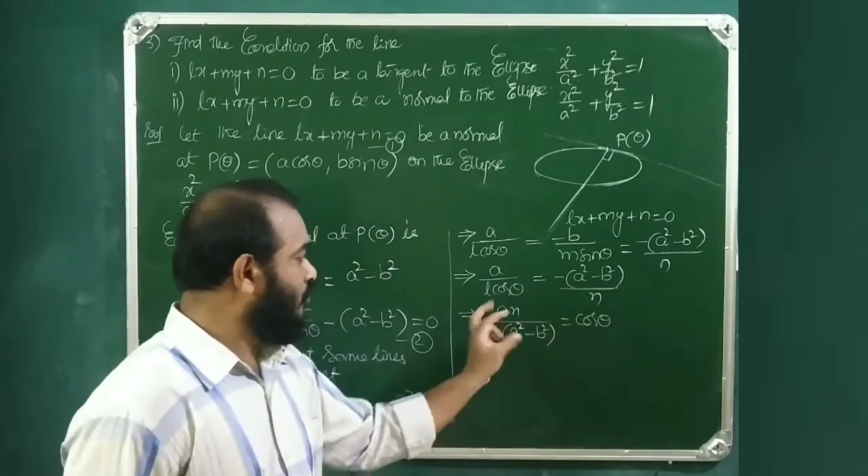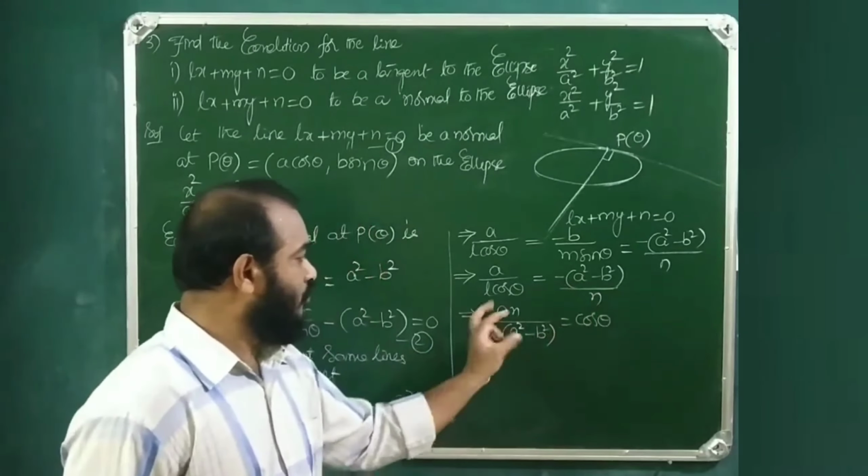So squaring and adding these two, because sin square theta plus cos square theta equals 1, this is equal to a square n square by L square into a square minus b square whole square plus b square n square by m square into a square minus b square whole square equals to 1. This is what we get. From this, let us take n square by a square minus b square whole square common in both of them.